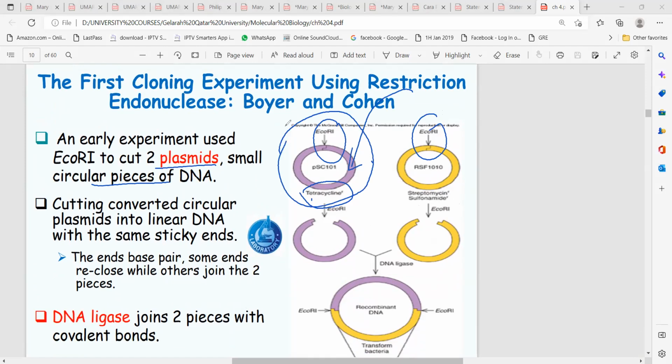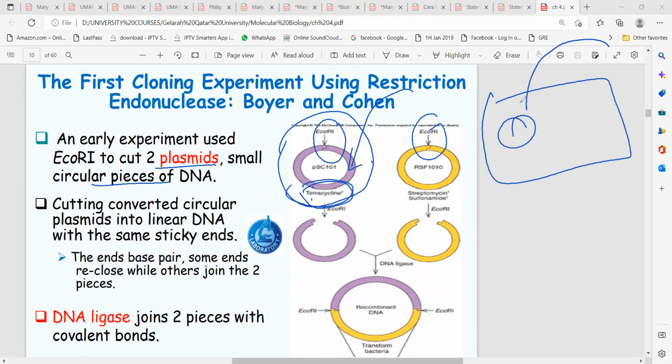Within the bacteria, with this kind of plasmid, if you add tetracycline, it is not going to kill those bacteria. This is how most bacteria become antibiotic resistant. I will explain this.